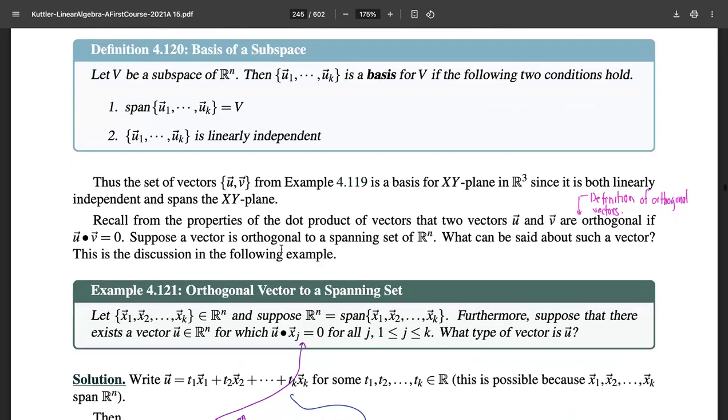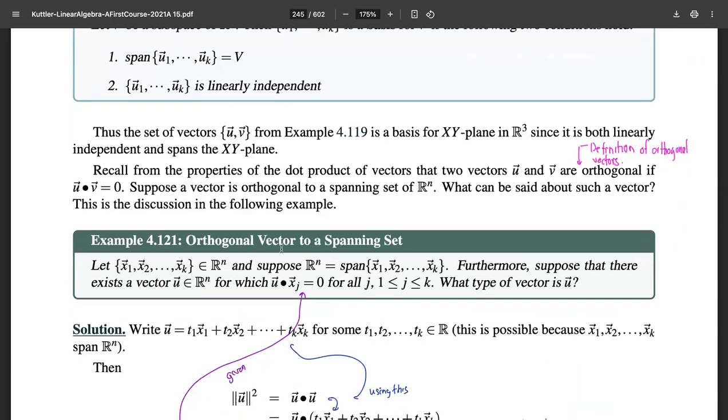Okay. Now let's look at this particular example. Again, by definition of orthogonal vectors, two vectors are orthogonal if their dot product is 0.